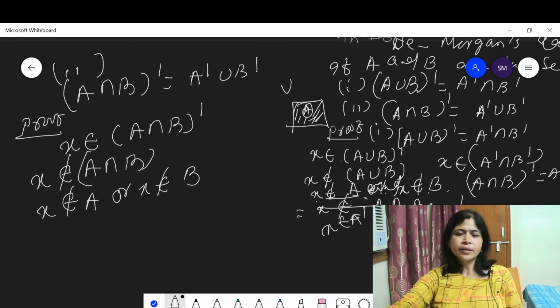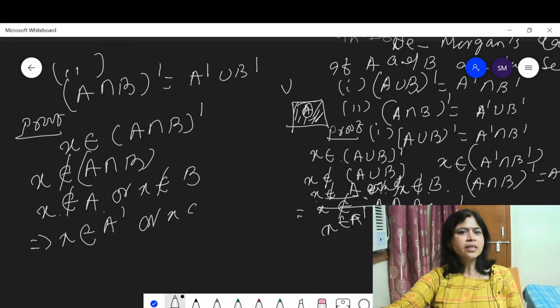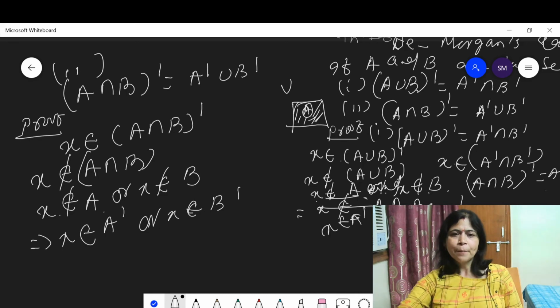If X is not an element of A, this implies X is an element of A dash, okay? Or X doesn't belong to B. This means X belongs to B dash.